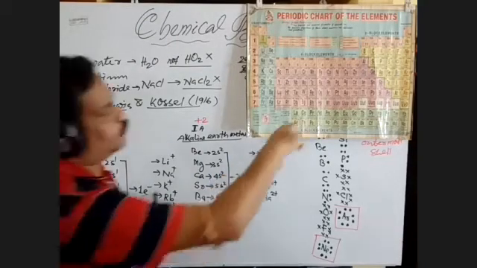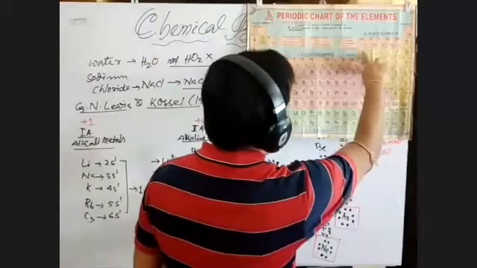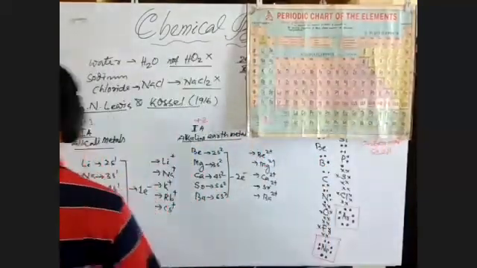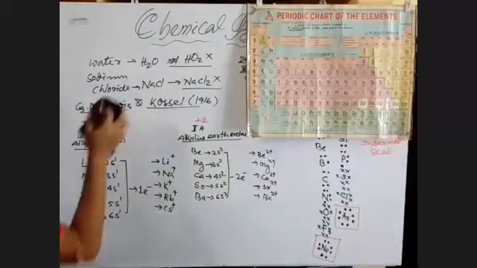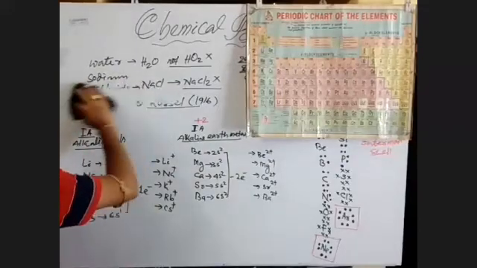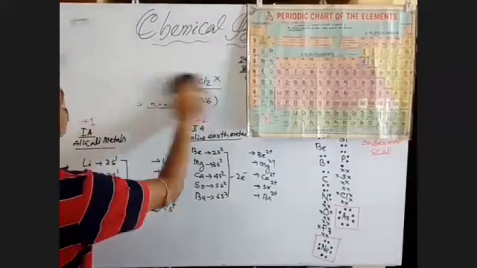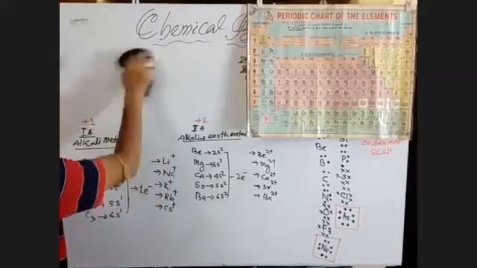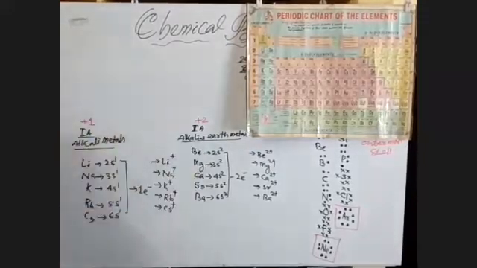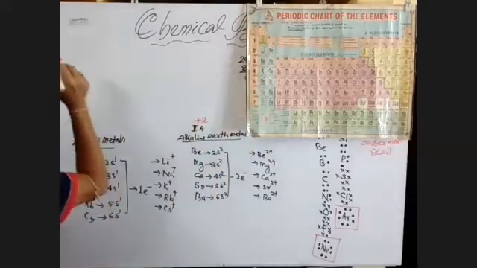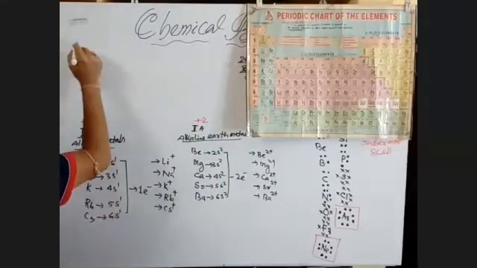Coming to group 3. This is called the boron family. So let us talk about the boron family. Right. So what is the boron family? Next is your 3A.